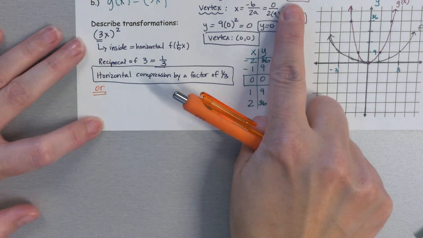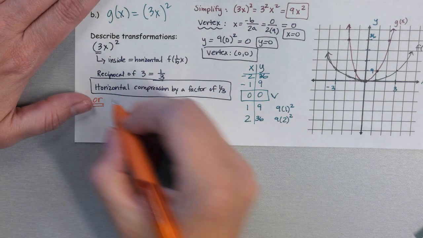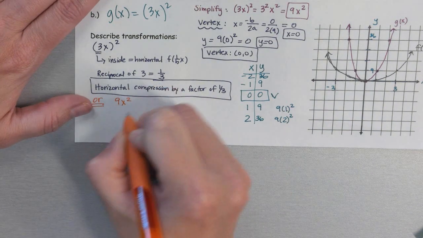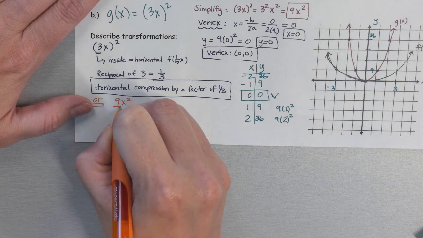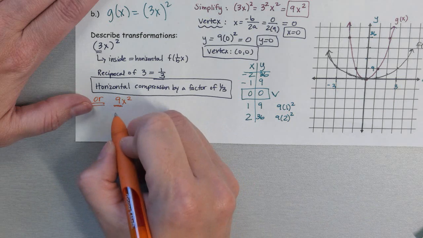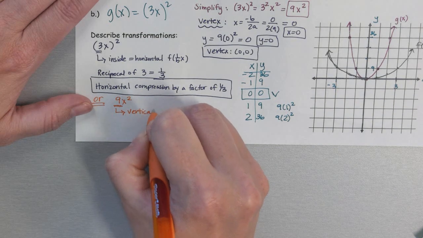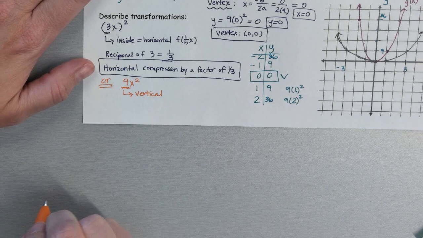So remember how I simplified over here to 9x squared? If we're looking at the 9x squared, let's look at the 9. This is outside of parentheses, so this means there's going to be something vertical happening. Okay?